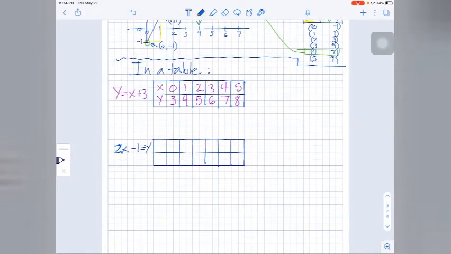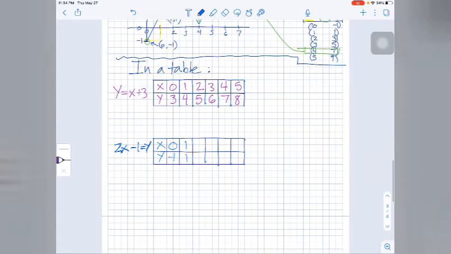I actually need to change this ink a little bit. So for my other pattern, when x was 0, y was negative 1. When x is 1, 2 times 1 is 2, minus 1 is 1. So when x is 1, y is 1.